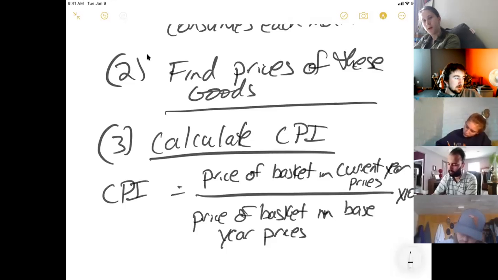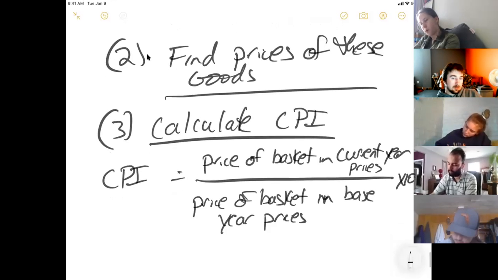And then you multiply that by 100. Hopefully you can read my writing there. So it's the price of the basket in current prices divided by the price of the basket in base year prices. And you multiply this by 100.